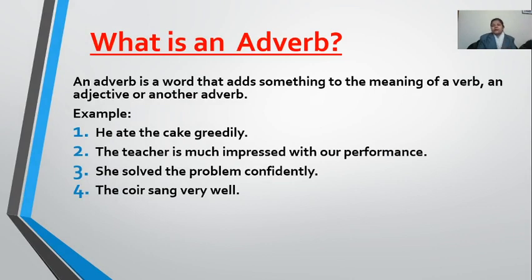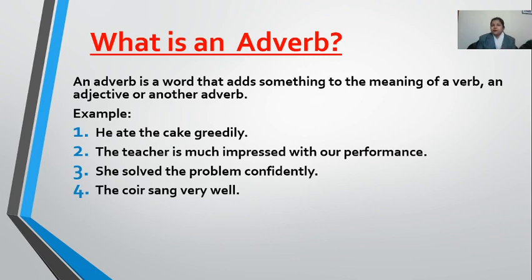Let's take a brief introduction that what is an adverb. So who is going to tell me what is adverb? I know everybody is ready because everybody knows that adverb is a word that adds something to the meaning of a verb, adjective, or another adverb. As I told you, children, adverb is made with two words.